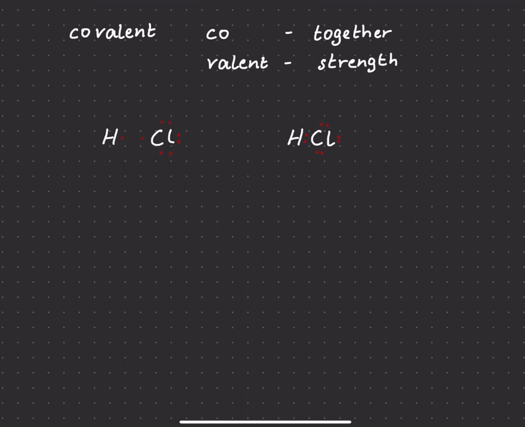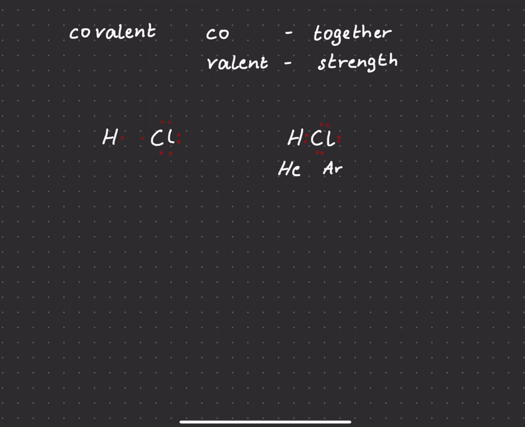Thereby, hydrogen reaches the noble gas configuration of helium with 2 outer electrons, and its valence electron shell is thereby completely filled, just like in the case of helium. And chlorine reaches its preferred noble gas configuration of argon with 8 outer electrons. And like that, we have a win-win situation and everybody's happy.